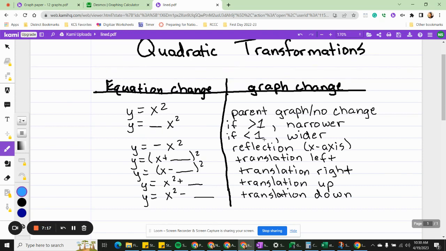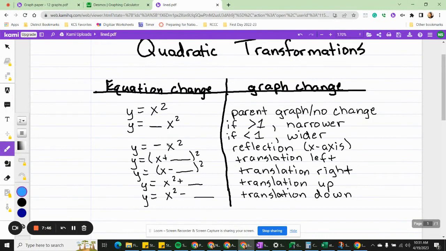If we multiply by something that's less than 1, something between 1 and 0, something that's a fraction or a decimal, then the graph gets wider. Now, this doesn't mean that the graph gets wider when you multiply by a negative 0.5, or a negative 7. But we can have combinations of these transformations too, and you can see that with some practice.